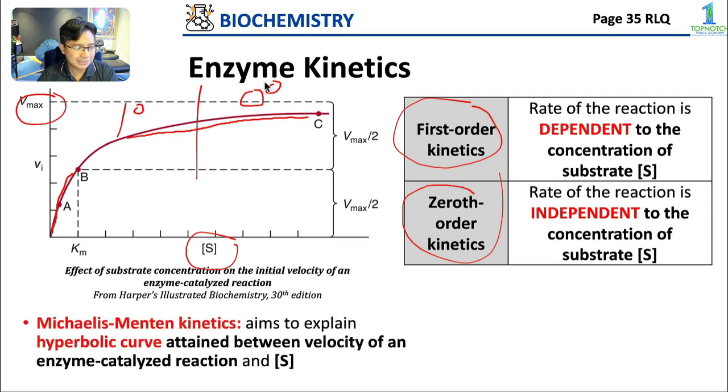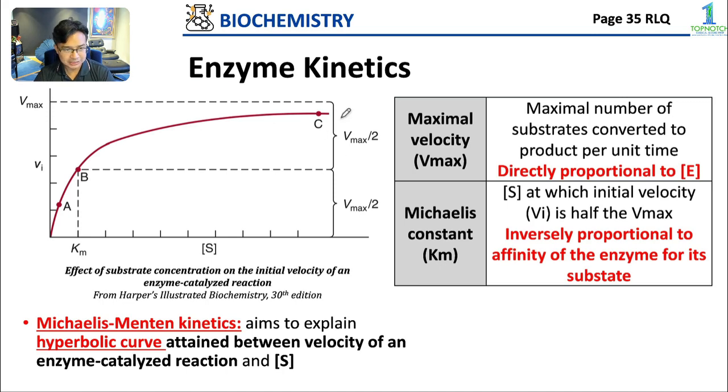And your Michaelis Menten kinetics is the one able to explain the hyperbolic curve attained between the velocity of an enzyme catalyst reaction and the concentration of your substrate. Now, for some terminologies, guys, the Vmax, as mentioned, is the maximum velocity of a reaction. Okay?